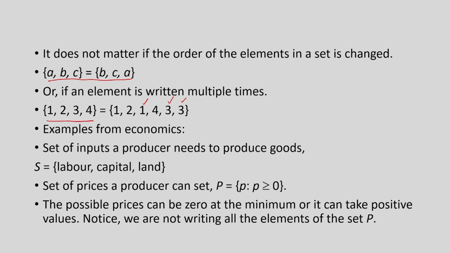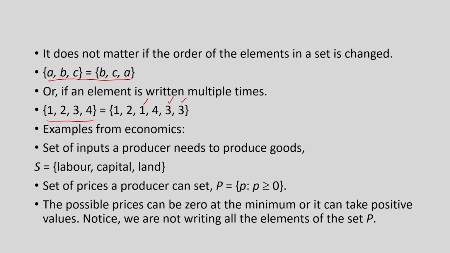For example, I am talking about the set of inputs a producer needs to produce goods. This is the set of inputs and I write this set as capital S. In this case, I take the set of inputs as labor, capital and land.